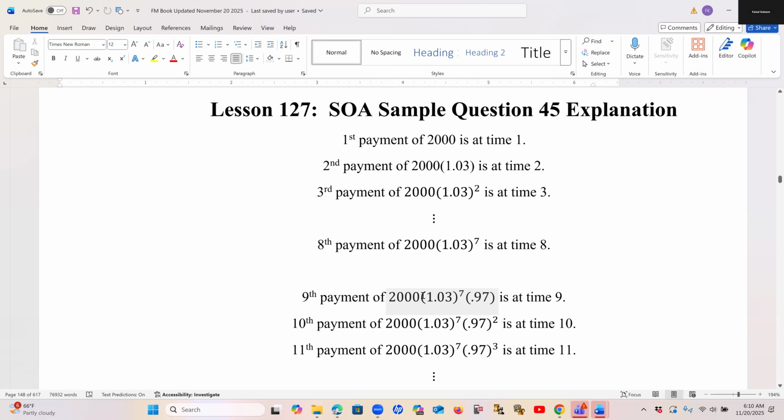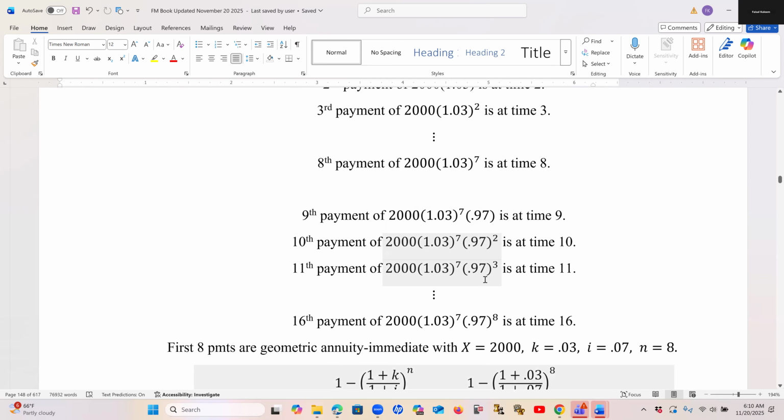That's why we have the eighth payment times 0.97 to get the ninth payment, at time 9. Similarly, the 10th payment would be the ninth payment times another 0.97, so we pick up 0.97 to the power 2. In the 11th payment, we pick up 0.97 to the power 3. And in the 16th payment, we'll pick up 0.97 to the power 8, if you keep going like that one by one.